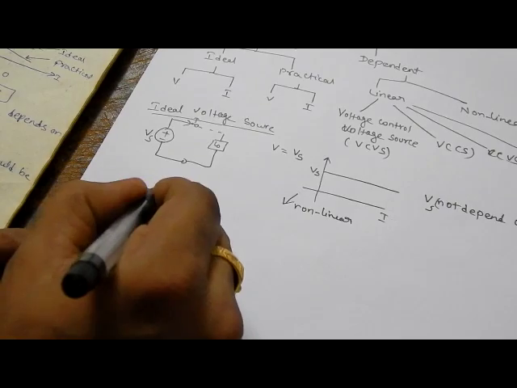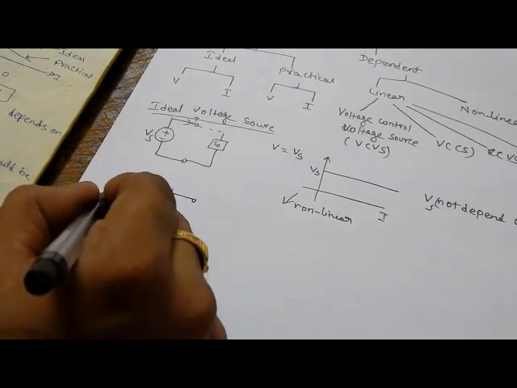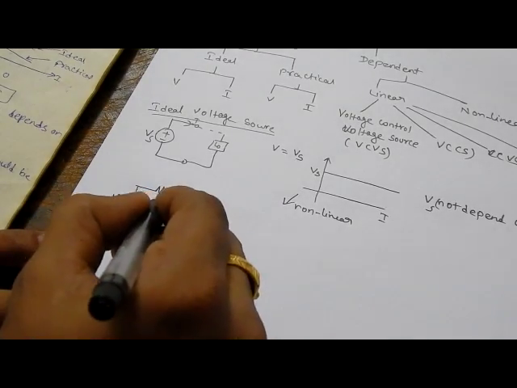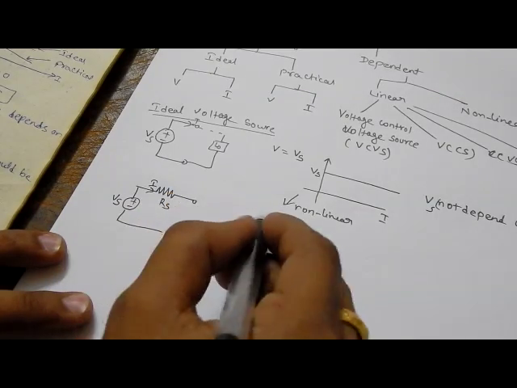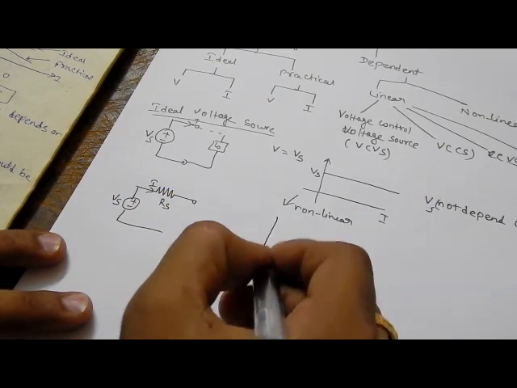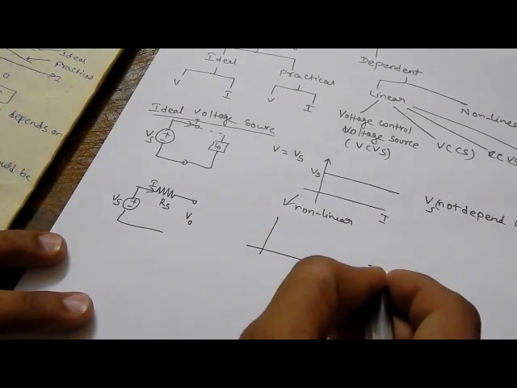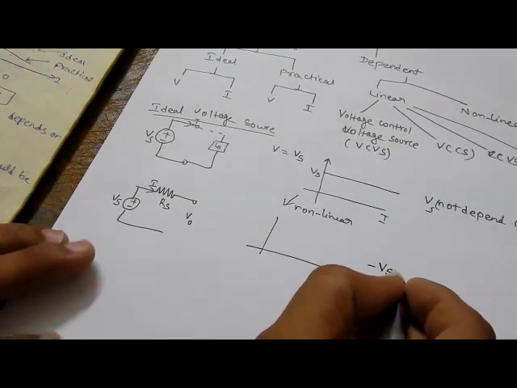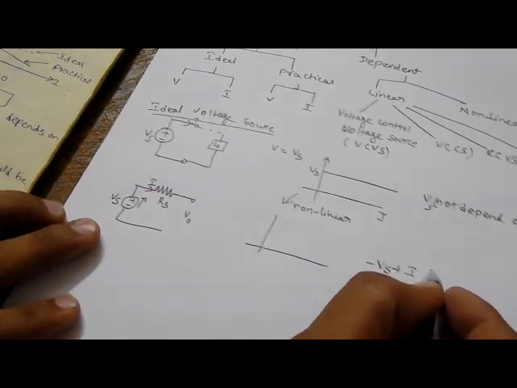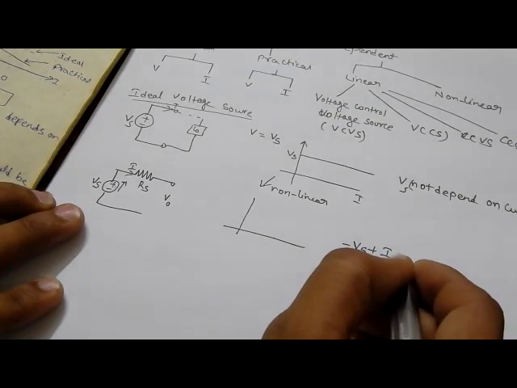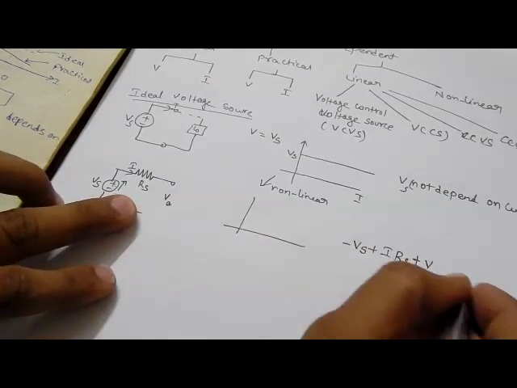In the practical case, we are using some resistance in series with the voltage source. Whenever the current keeps on increasing across V, applying KVL: Vs plus I Rs plus V is equal to 0.